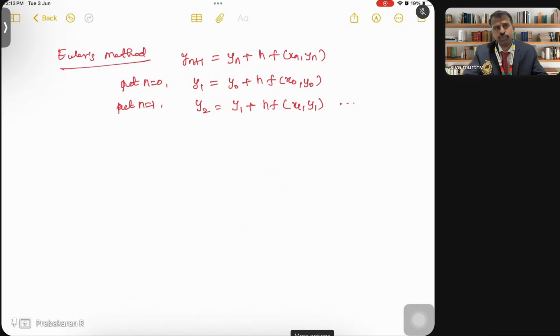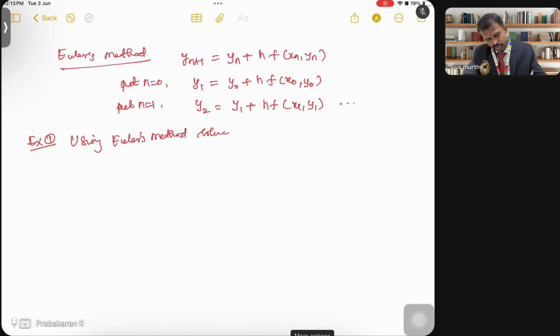Okay. Now we will move to the first example, example number 1. It's the first problem. Using Euler's method, solve for y at x equal to 0.1 and x equal to 0.2, right?